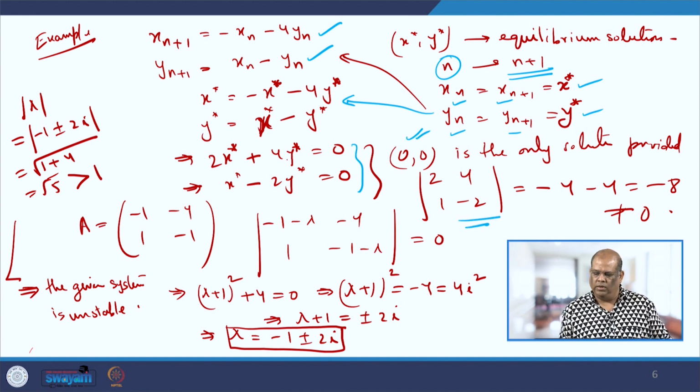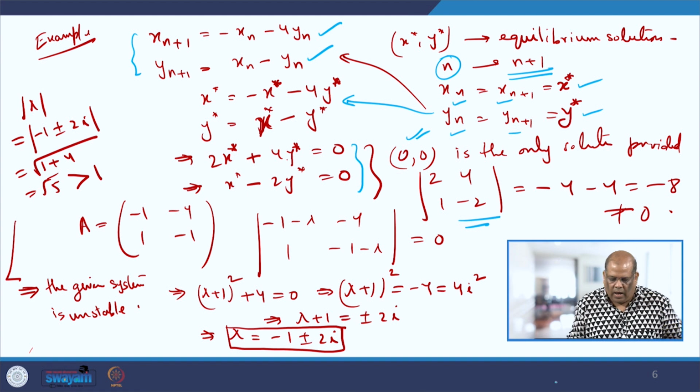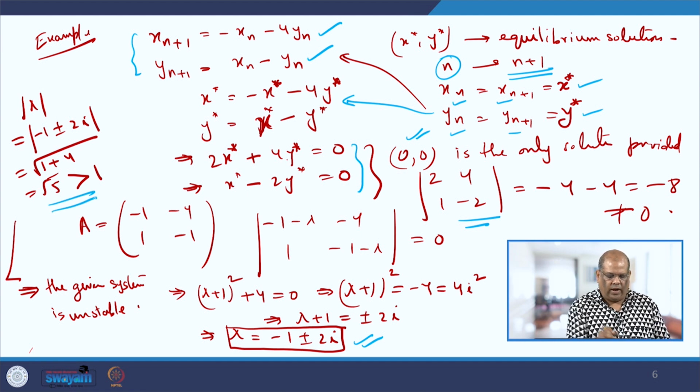So, 0, 0 is the unique equilibrium solution of this system of difference equations. And then you find the matrix A and find the eigenvalues, and you see that the eigenvalues are both complex, minus 1 plus minus 2i. You find the modulus, and the modulus is greater than 1, which implies that the given system is unstable.